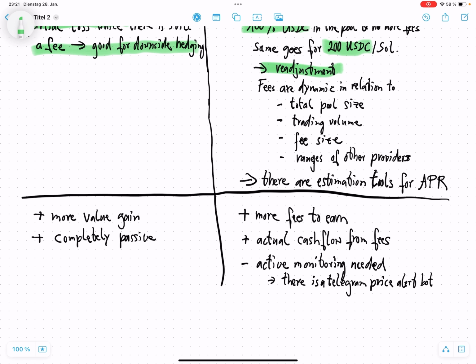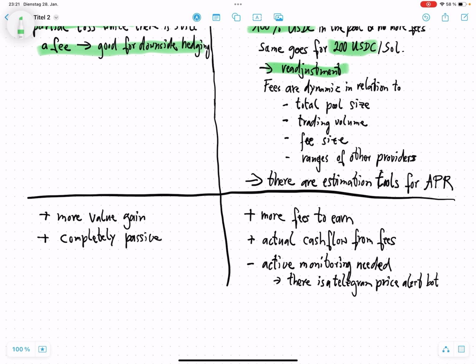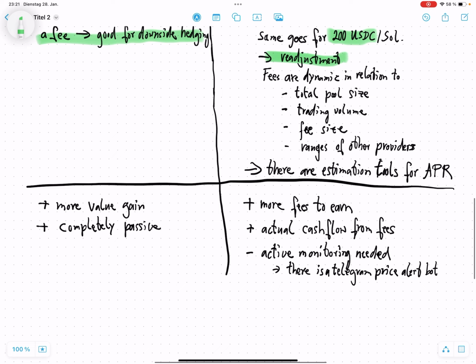There are excellent tools to estimate the APR and to make decisions what range would yield into what APR currently or also in the past. Of course, we can deduct also from the past, and there's a lot of data to analyze for that.